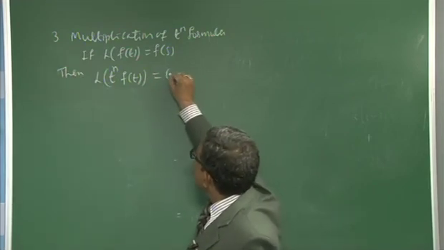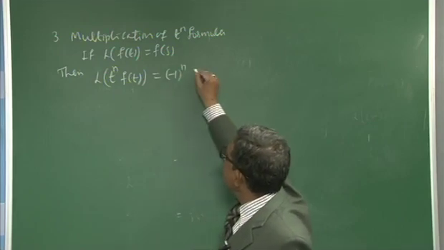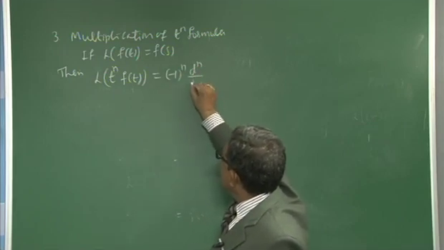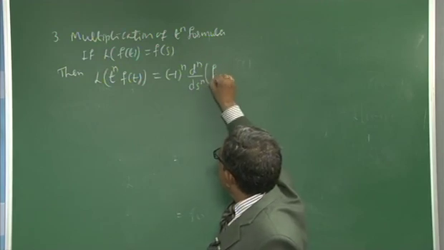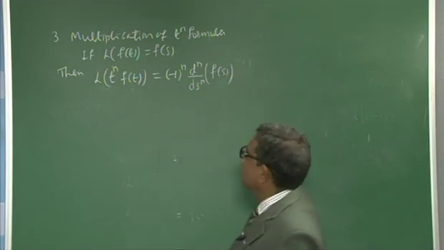It is minus 1 whole to the power of n, d raised to n by d s raised to n of F of s.